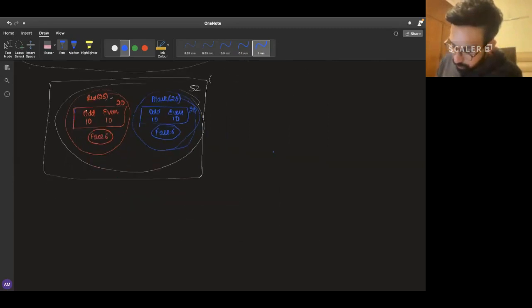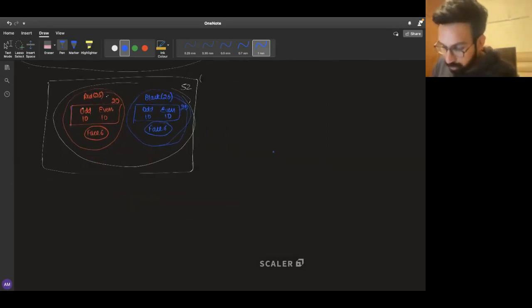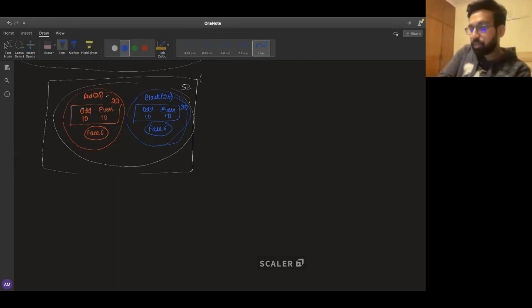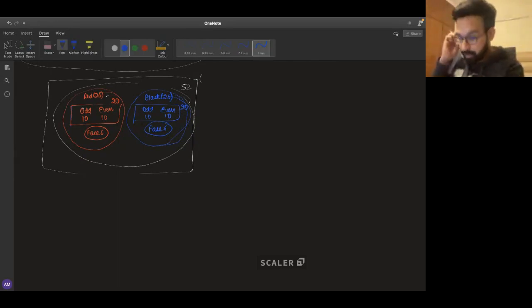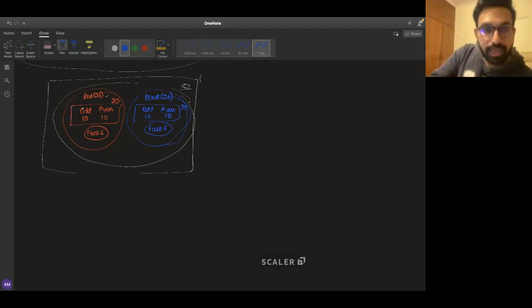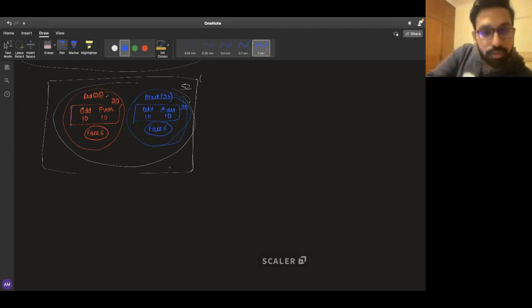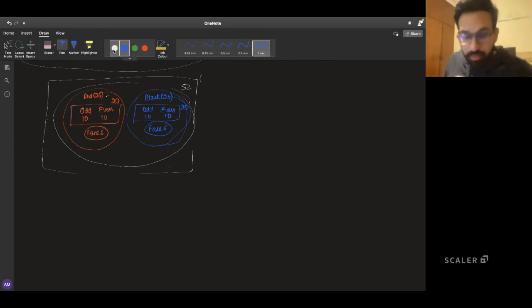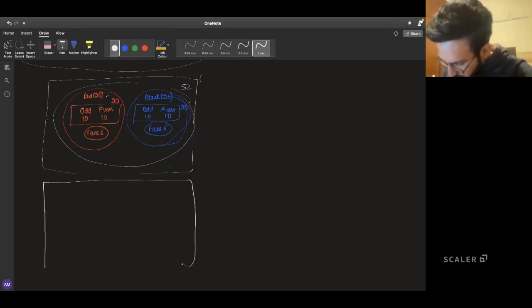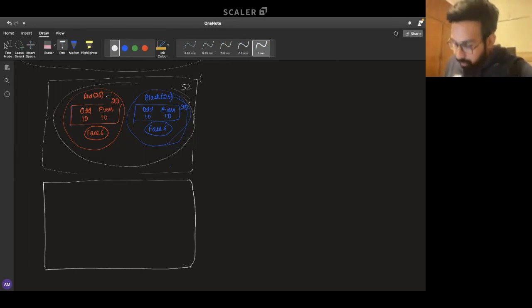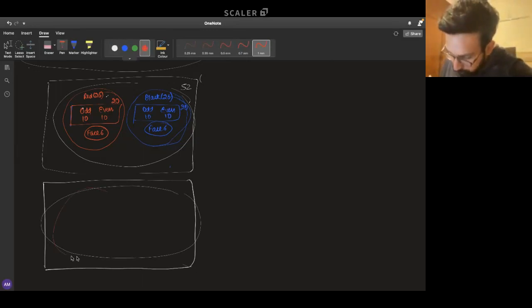Let me minimize this and make another diagram. How do I zoom in now? Let me make a similar diagram here. And again, we have this red, and we have this blue.